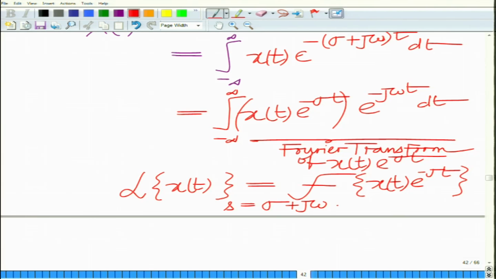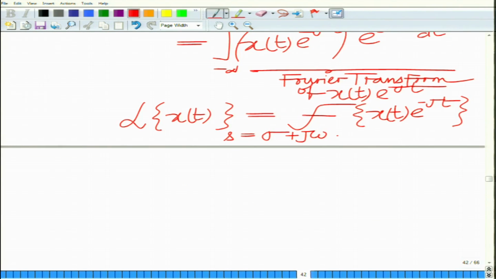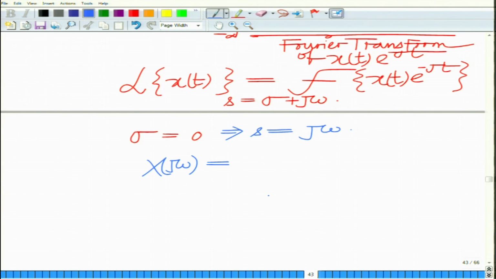And now you can see that if sigma equal to 0, which basically implies that s is equal to j omega, then we have X(j omega), the Laplace transform, is nothing but the Fourier transform of x(t) e power minus sigma t, but sigma is 0.